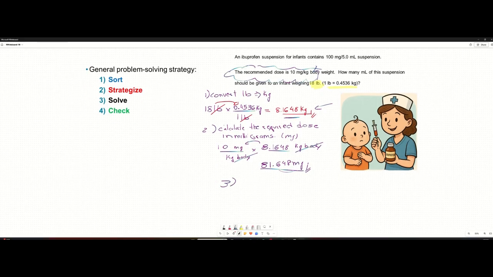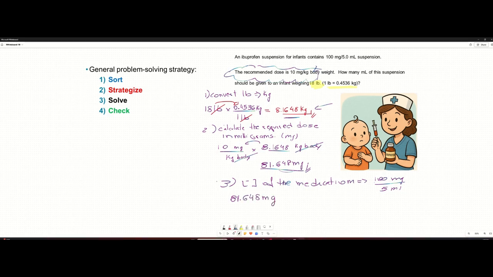So for the medication, we're going to use the concentration. The concentration of the medication, the ibuprofen, is 100 milligrams in 5 milliliters, right? What I need is 81.648 milligrams.